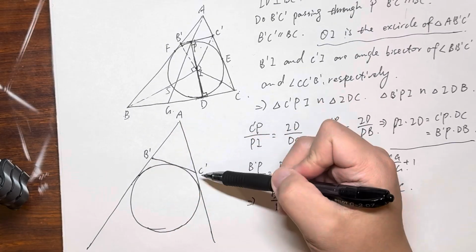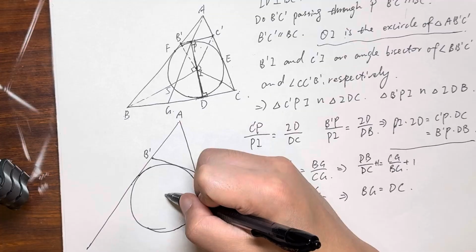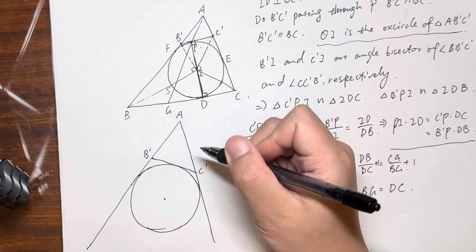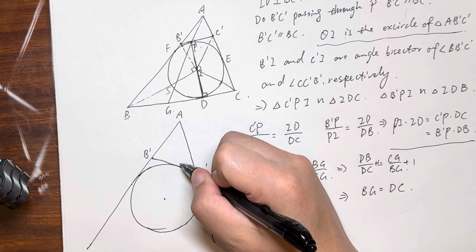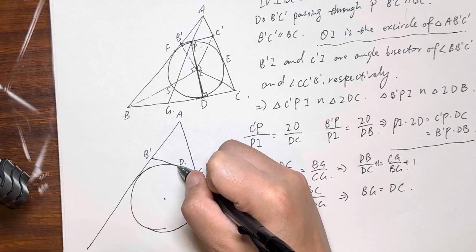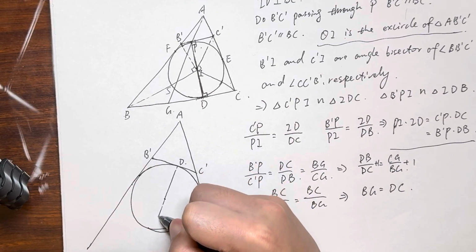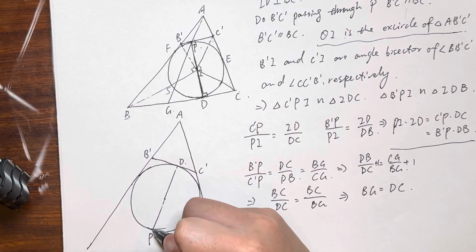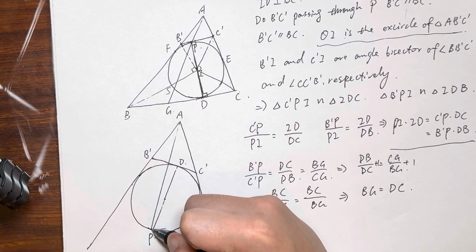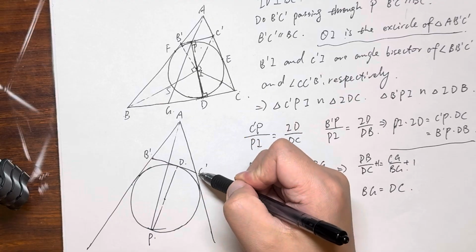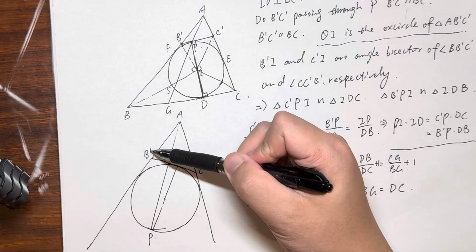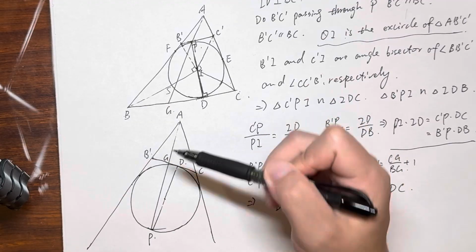Now we have this tangent point as point D, and we want to find the diameter here, this point as P, and we connect AP. It meets B prime C prime at a point we call G. Now we want to prove that B prime G equals C prime G.